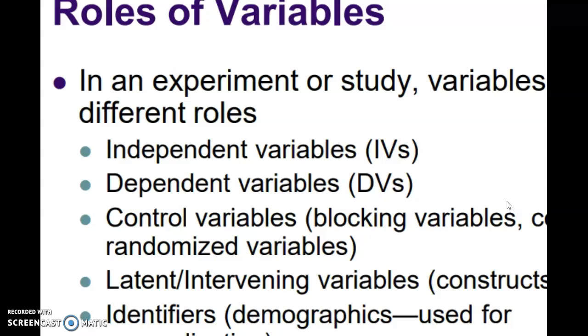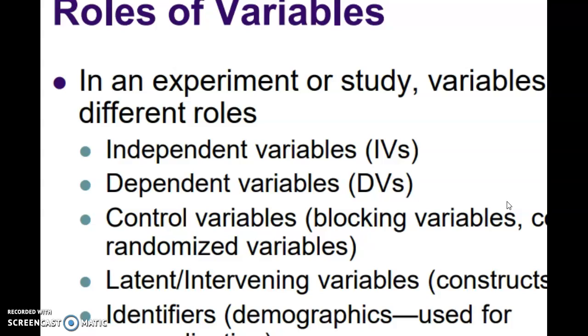A control variable is a variable that kind of impacts the relationship between the independent and the dependent variable. That's why we call it the control variable. Two types that we have are moderators and mediators.